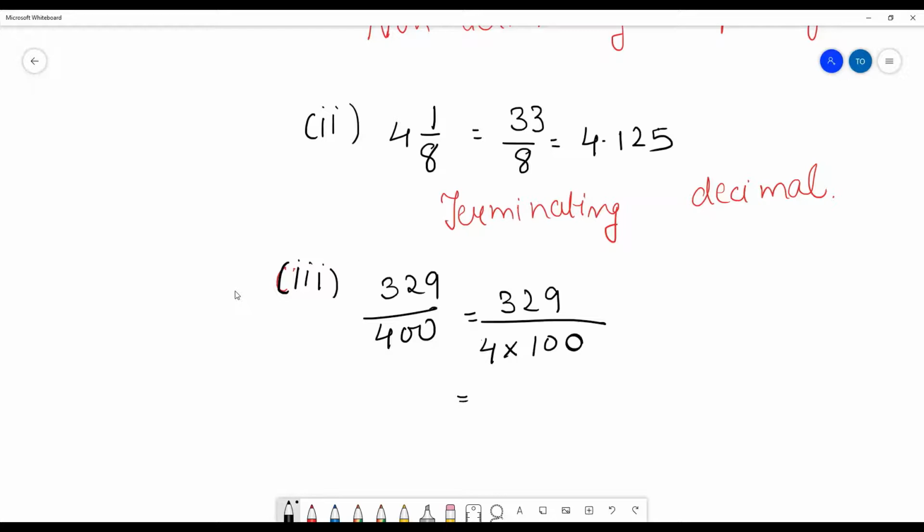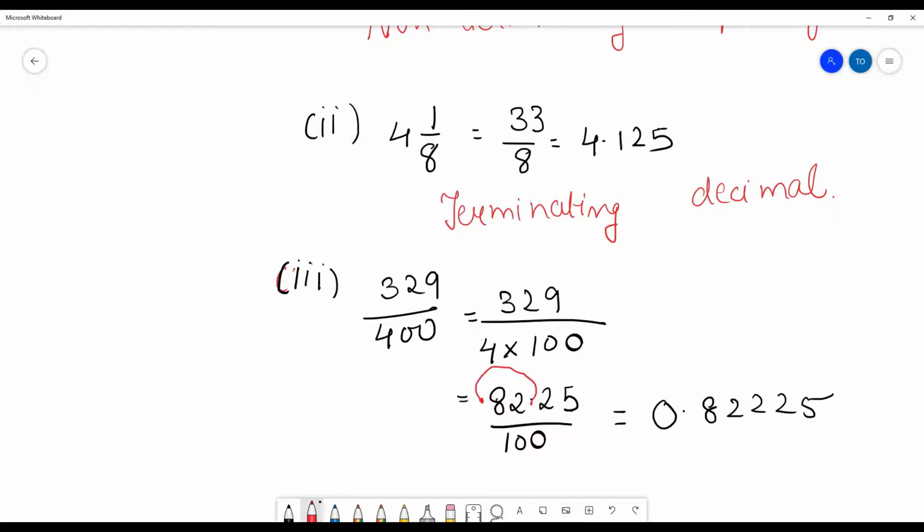When you do 329 upon 4, you will get 82.25. Then again you have to divide it by 100, so you will get the expansion as 0.8225.